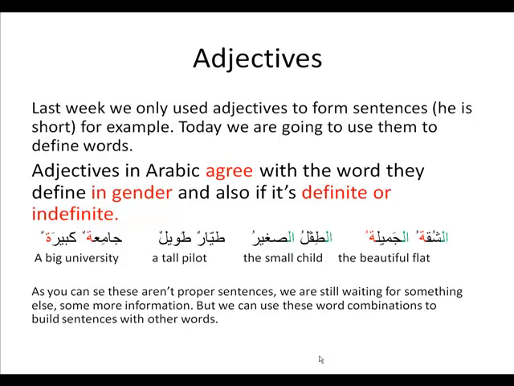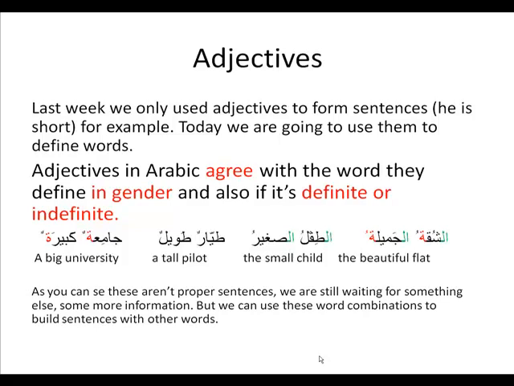And that's when it's important to remember if it's definite or indefinite. Because if you were to say الطفل صغير without the definite article on the second part, it becomes the child is small, and all of a sudden you have made a sentence. Okay? So you need to be clear when you write.